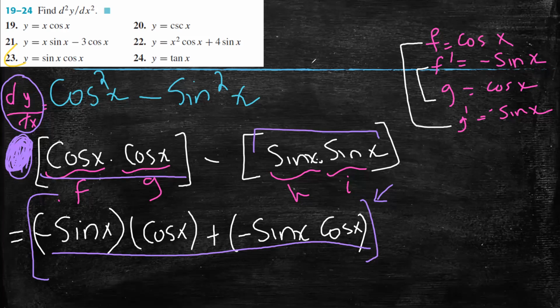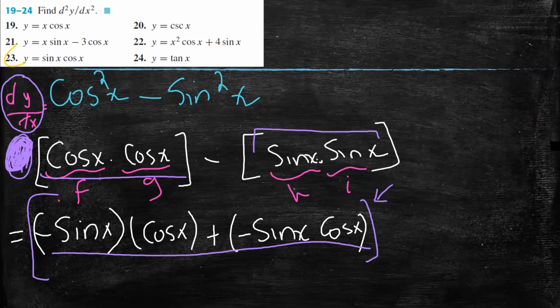Here, as we did, let's name them h and i. So h prime is cosine x, and the same for i.